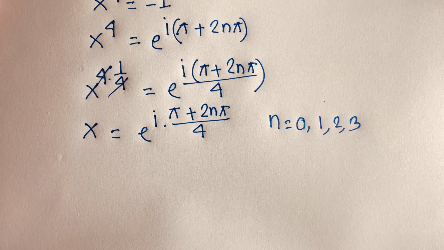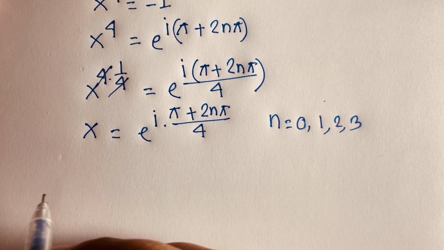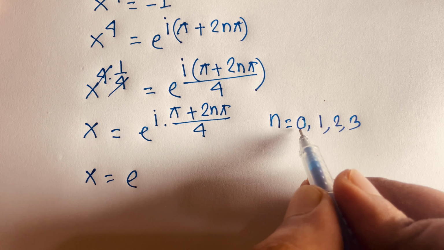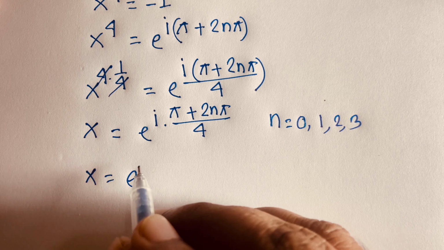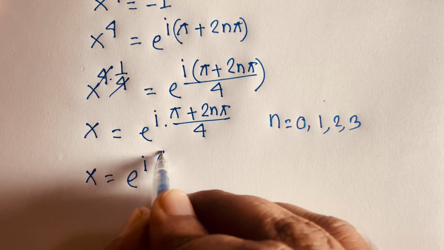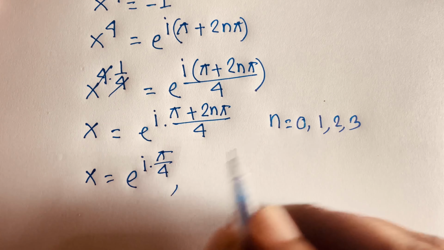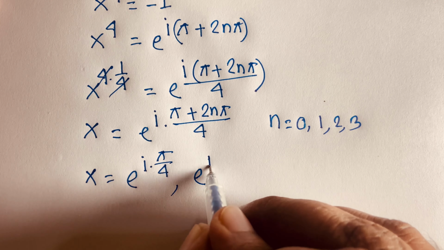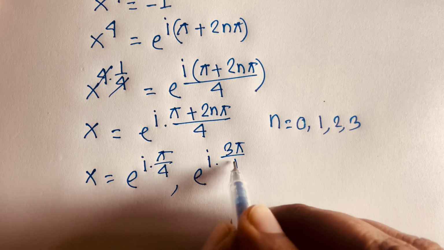Then if I put in these values, we'll find out x is equal to e to the power, when I put 0, i pi over 4, and again when I put 1, this time we'll find e to the power i 3 pi over 4.